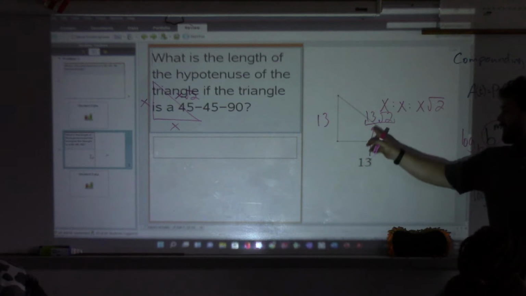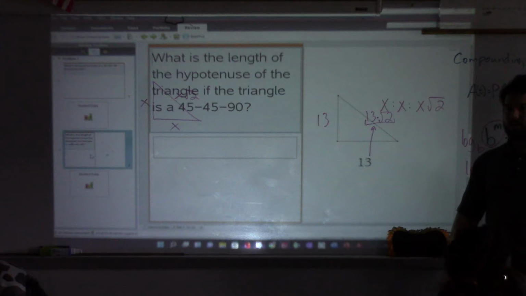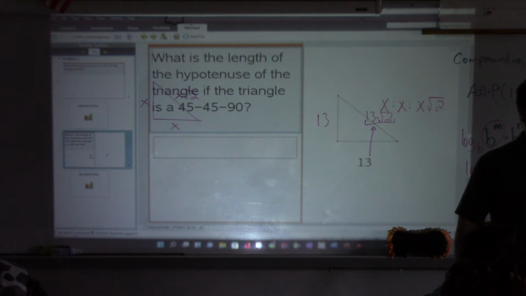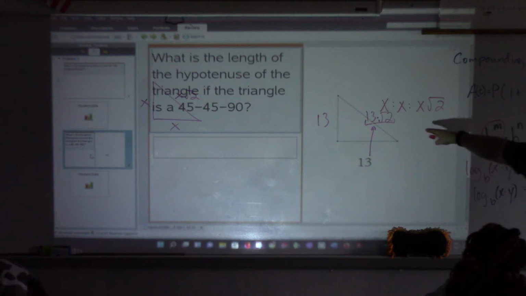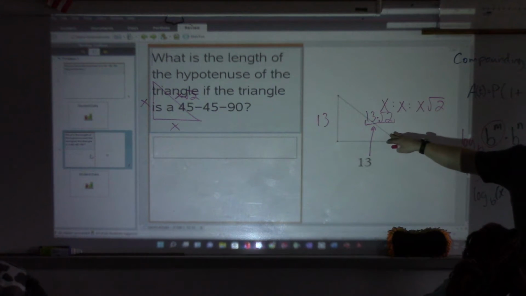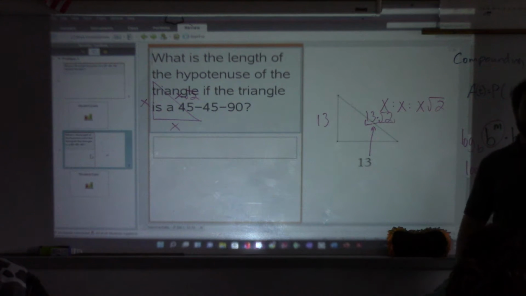What did I have to multiply by? The square root of 2. 13 times 2 is 26. This is not 26. This is 13 square root of 2. To go from the side to the hypotenuse, I had to multiply by the square root of 2.